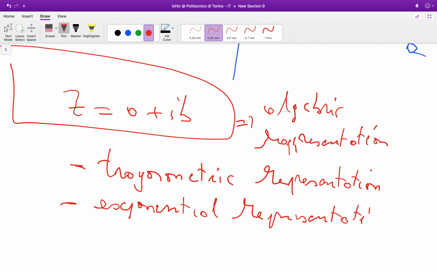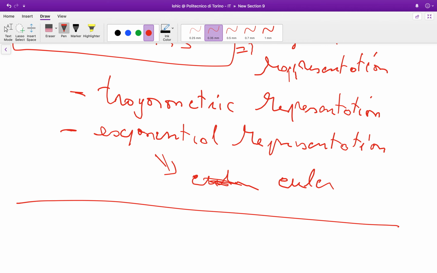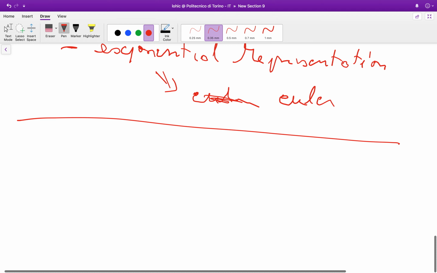Is that clear? The exponential representation is also called the Euler representation. Is that clear? Because Euler is the mathematician who found it. Now let's first go to the trigonometric representation.